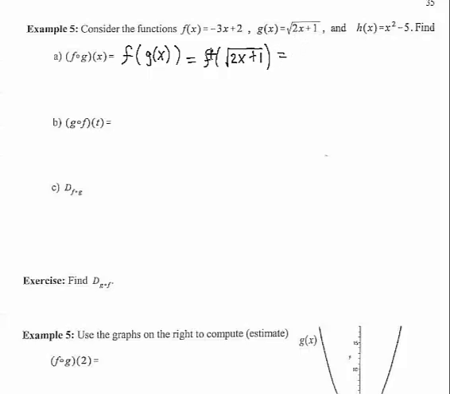Okay, and this notation is simply telling us to take f and replace all of the x's inside that expression, specifically this one. Replace the x's here with the square root of 2x plus 1. And so I have a -3 parentheses plus 2. This is where the x was, and now I just simply put this radical in its place.